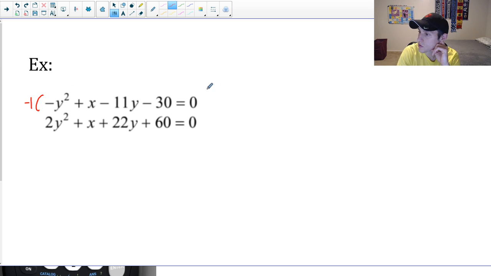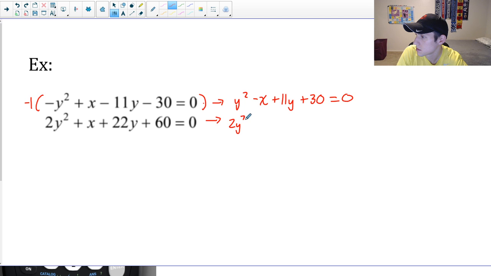So I'll multiply this first equation by -1. So that would give me y squared minus x plus 11y plus 30 equals 0. Second equation, we'll just leave it as is. 2y squared plus x plus 22y plus 60 equals 0.